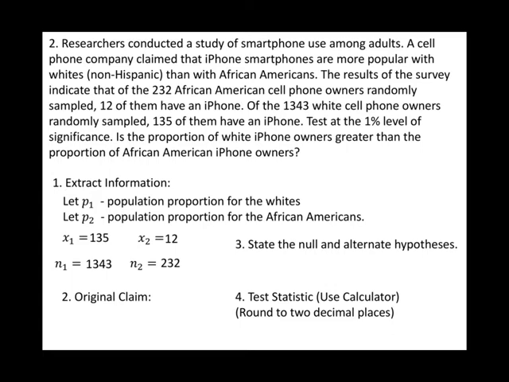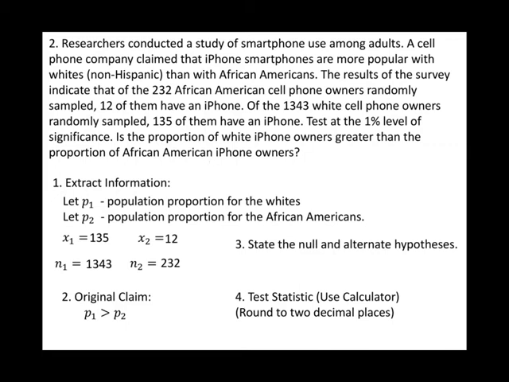Now, compare your original claim statement with the claim here. Is the proportion of white iPhone owners greater than the proportion of African American iPhone owners? So my white here will be my P1, greater than African American, which will be my P2.